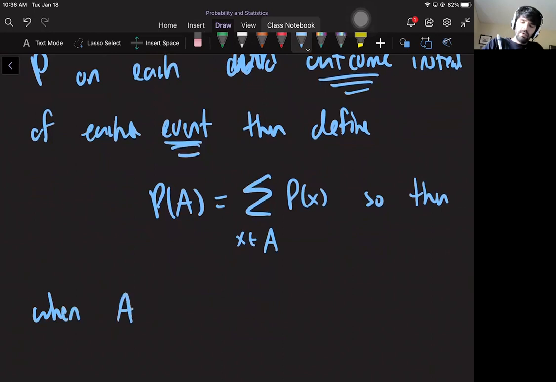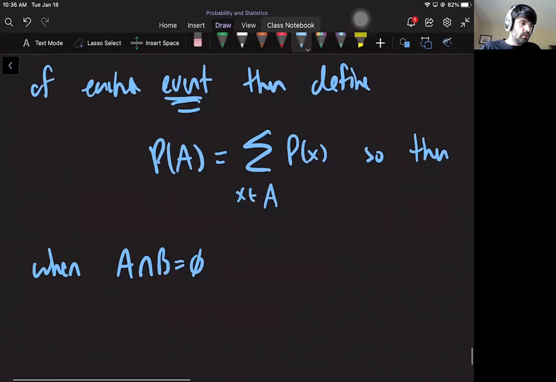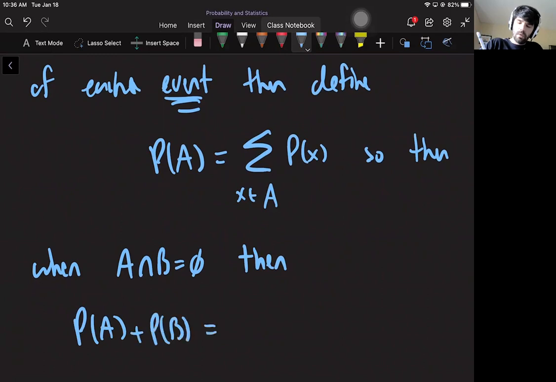When there's no intersection at all, you automatically get rule 2 to happen. You get that this is really this.